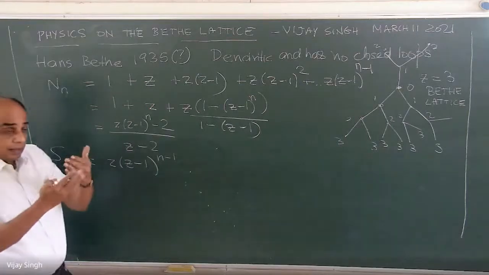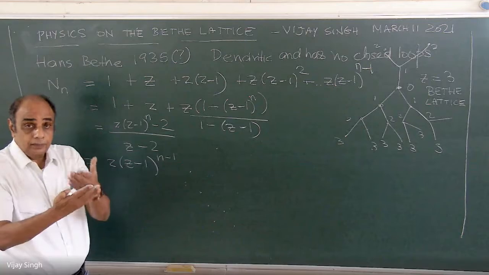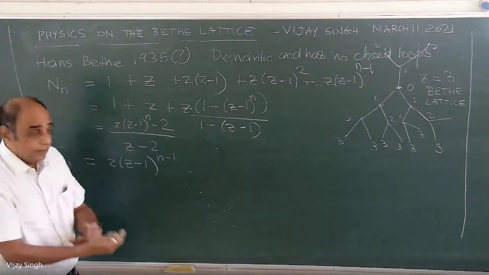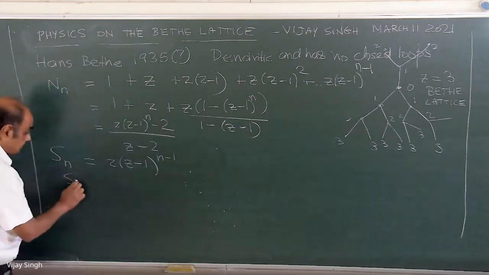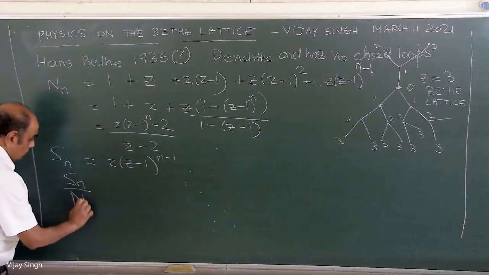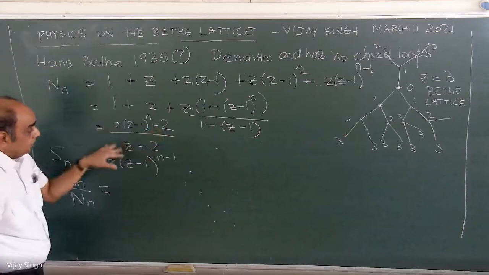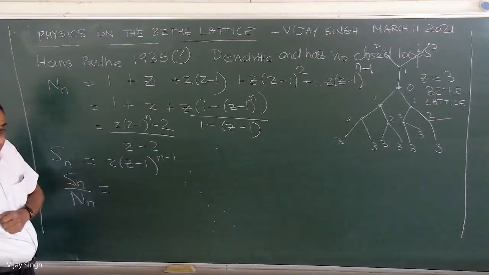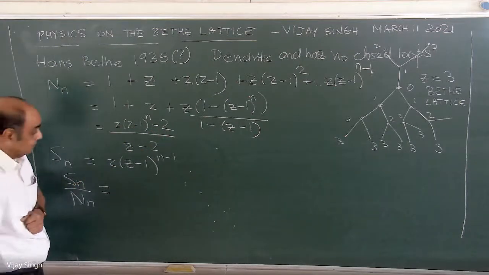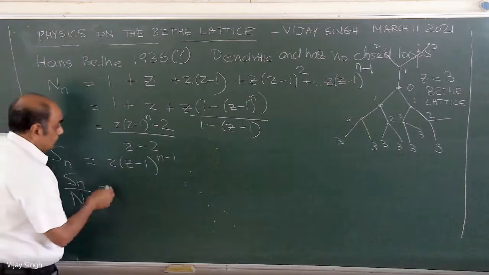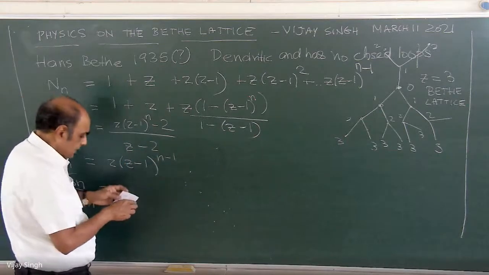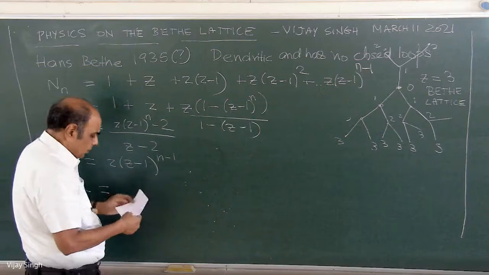So, if I were to take the ratio of the surface atoms to the total number of atoms, S n over N n, I take this and divide it by all of this. Correct? So, if I do that, let me write down the result because you can all work it out.